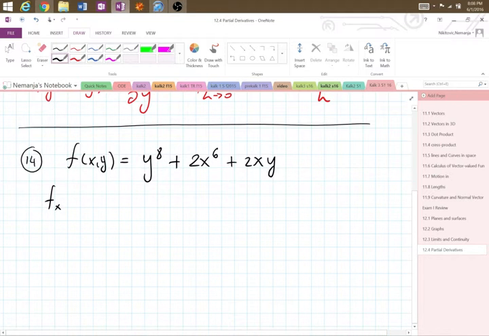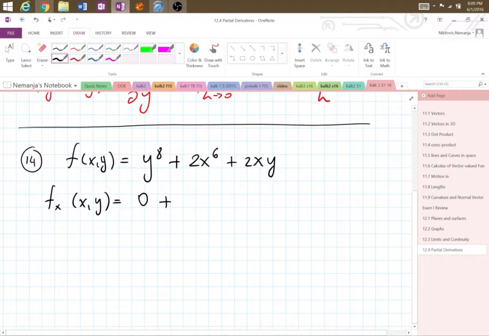Let's find partial derivative in respect to x. Well, if we are taking a derivative in respect to x, y is held as constant because, remember, we are looking at the x-axis, so y has to be constant there. So what is the derivative of y to the 8? 0.